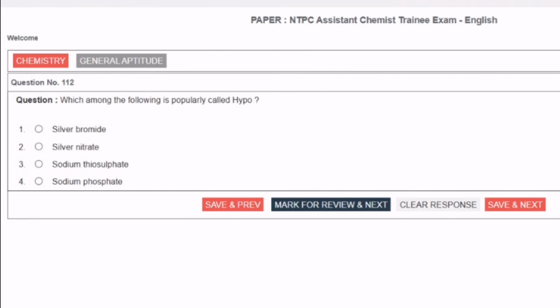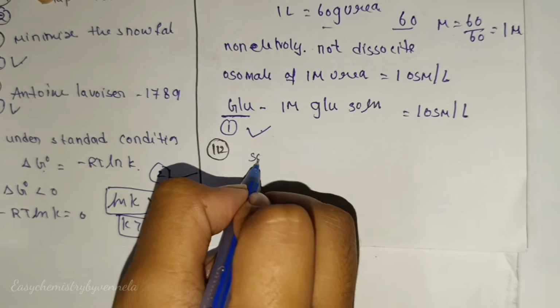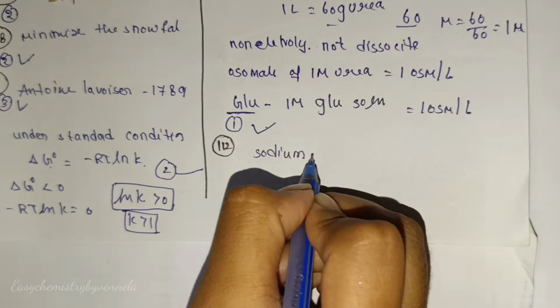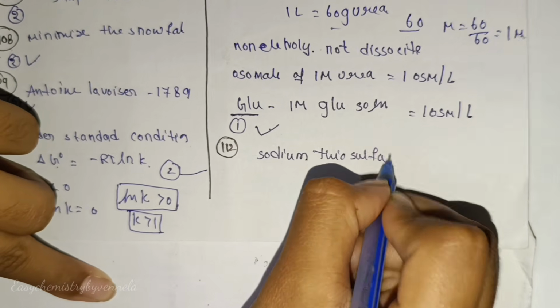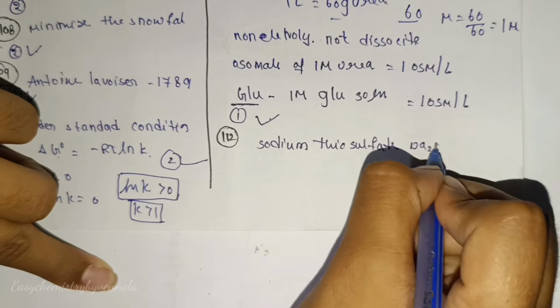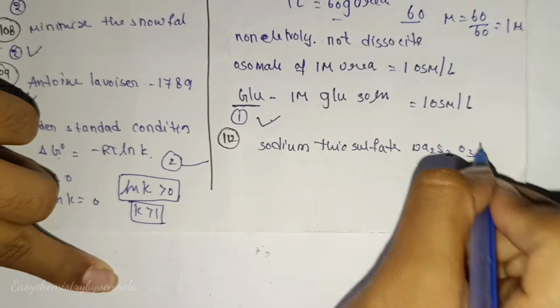Next question. Which among the following is popularly called hypo? Which one? Sodium thiosulfate, that is Na2S2O3.